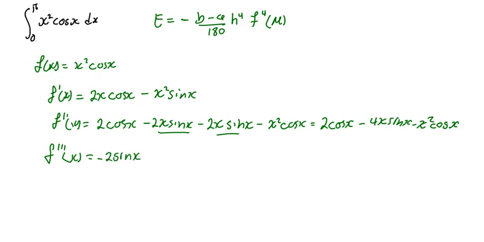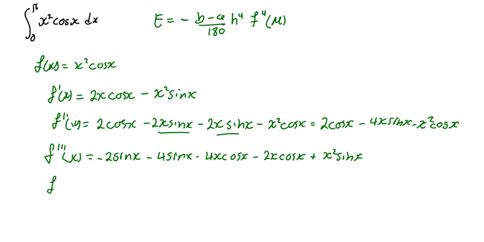Then here we say minus 4 sine x minus 4x cos x. Then here we say minus 2x cos x plus x squared sine x. Okay, from this you simplify it, then differentiate again.